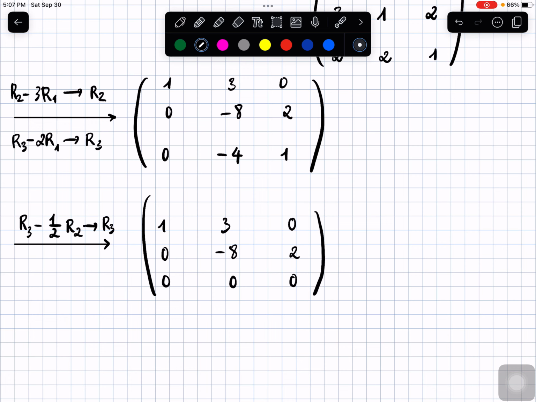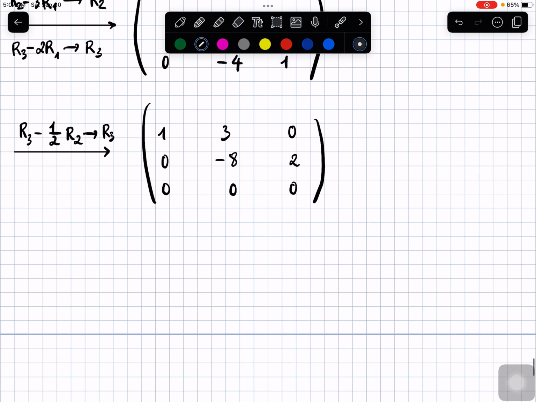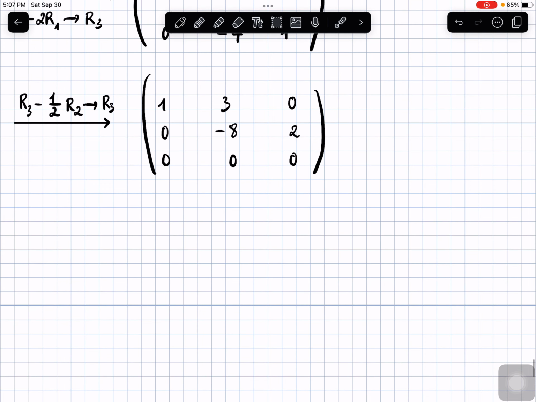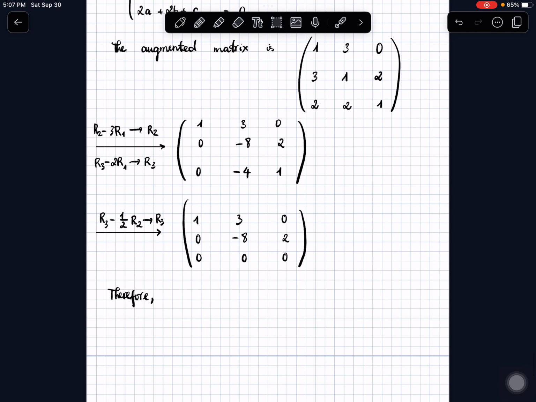And you see we have a row that contains all 0. This means that this matrix is singular, right? The determinant we know is 0. So therefore this matrix is singular.